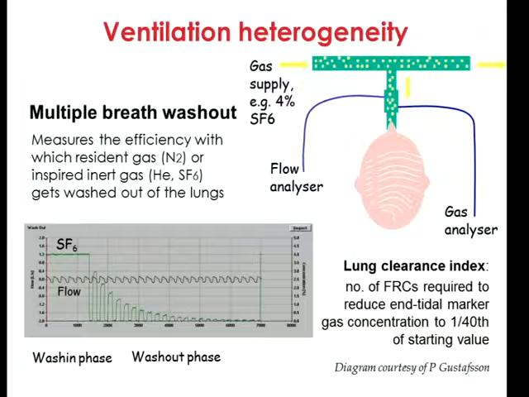There are various reasons for this: your airways could be narrower because of disease, or the elasticity of your lung has changed such that when you're exhaling you have narrowing of the airways very close to the tissues, and that prevents gas from escaping. This can also occur differently depending on which branch of the lung, and that affects how efficiently you can empty the gas. So it's a way of measuring how efficient your breathing is.